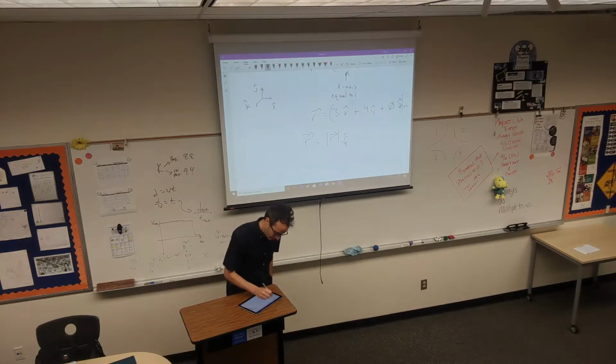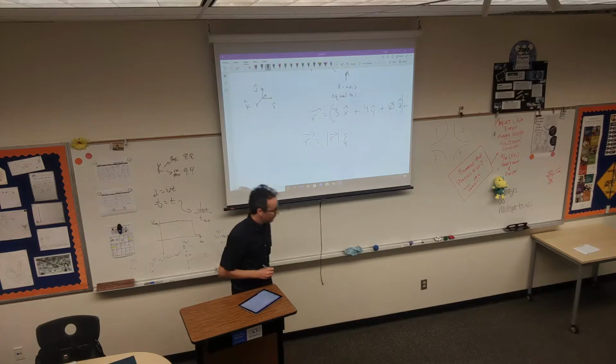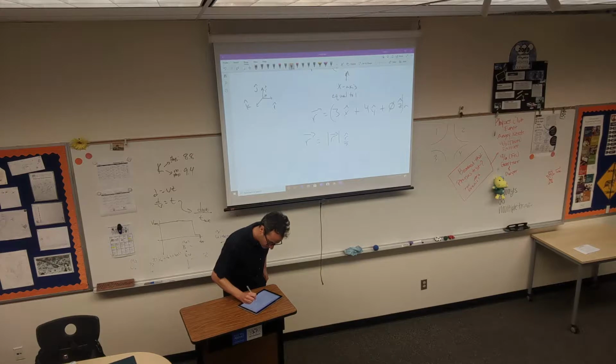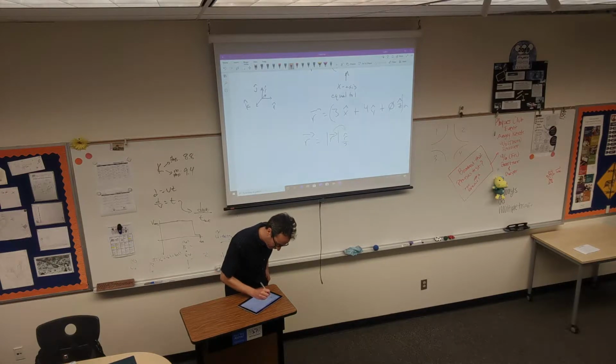So, for example, if I had a vector like that, that could be r hat. But when I multiply the magnitude of r by r hat, it scales it up so that it's now the actual vector r.